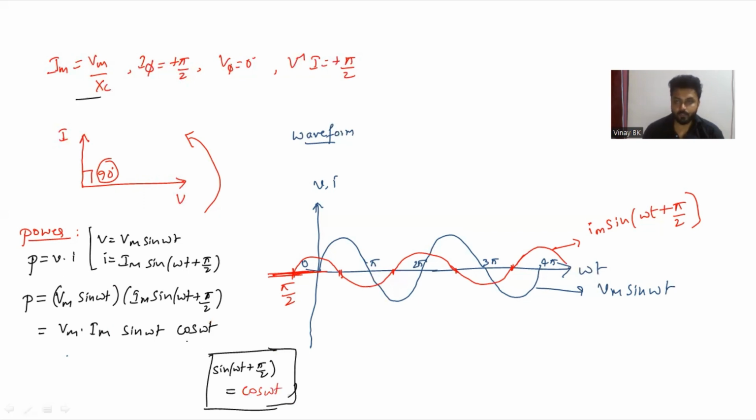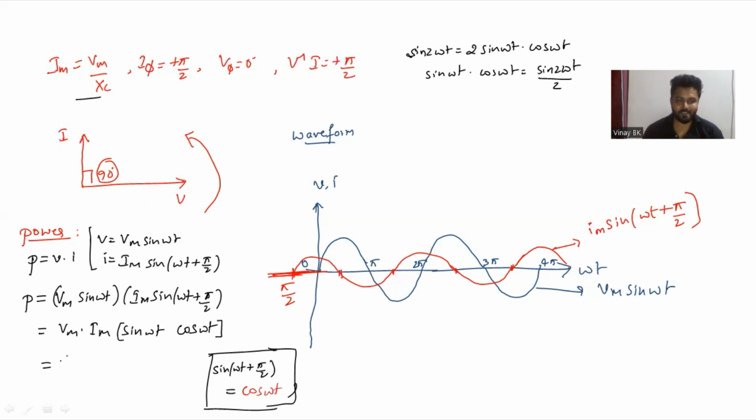And I already told in a previous video, sine omega t into cos omega t is related to sine 2 omega t. I'll rewrite once again. You know that sine 2 omega t is given by 2 sine omega t into cos omega t. So sine omega t into cos omega t is given by sine 2 omega t divided by 2, according to trigonometry basics.